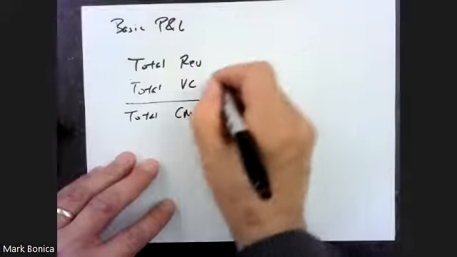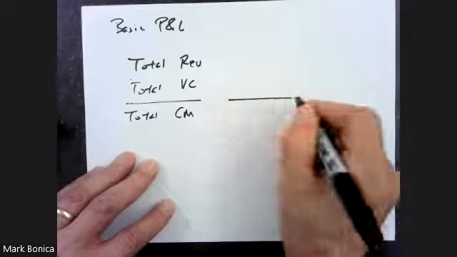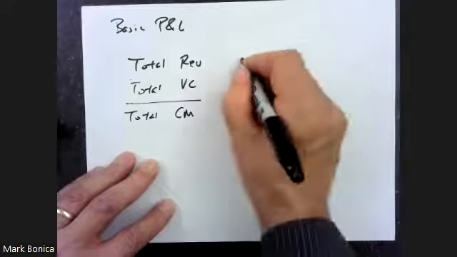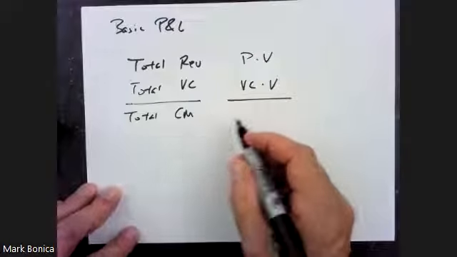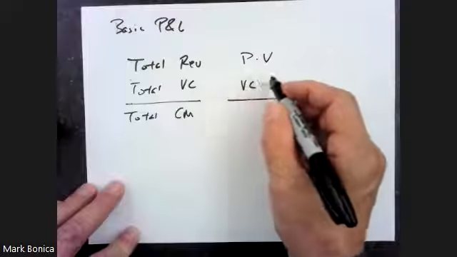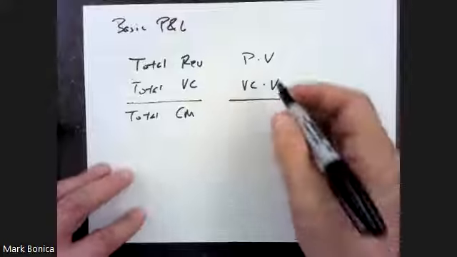So total revenue is price times volume. Total cost is variable cost times volume. That gives us our total contribution margin. So in this case, we can rearrange this.